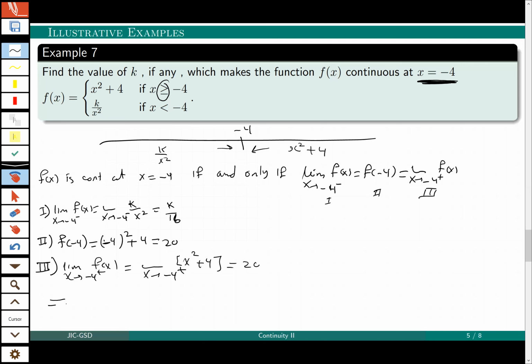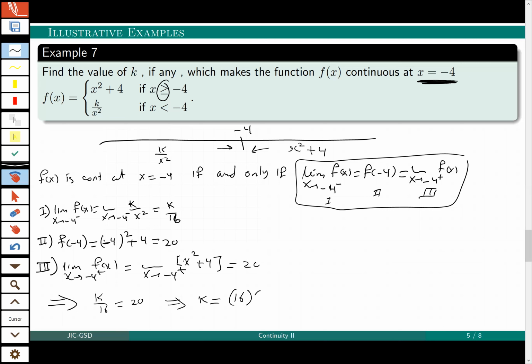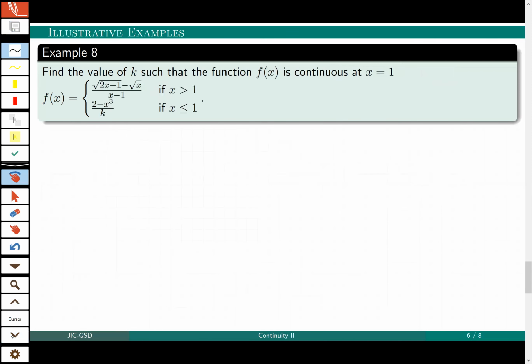This means applying this condition, the first one we get k over 16. Second and third, we get 20, multiplied by 16. So k is equal to 16 times 20, which is 320. This value of k will make the function continuous.